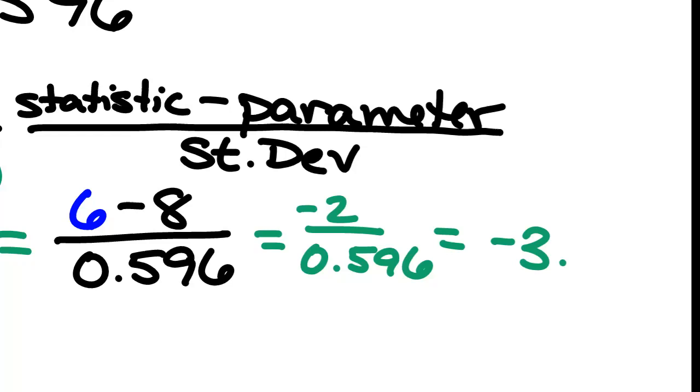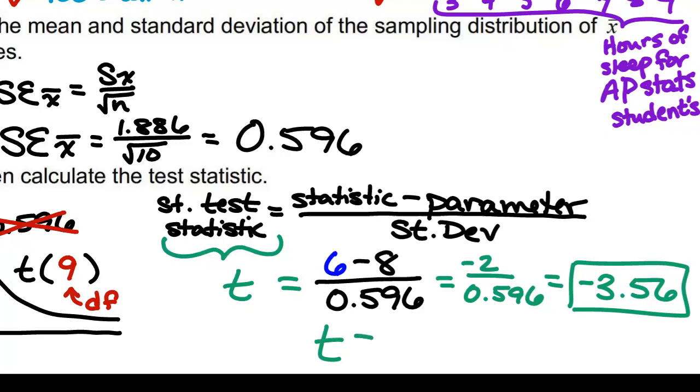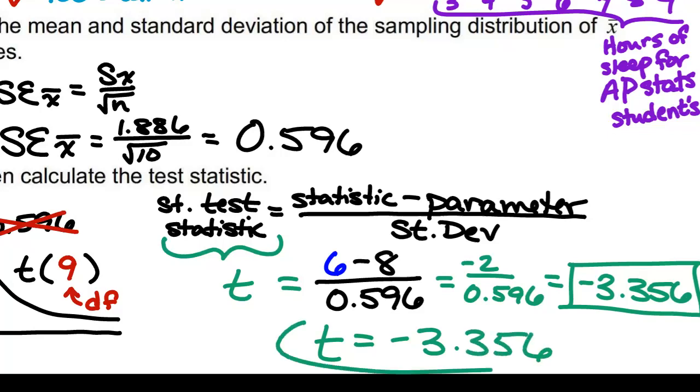3.36? 3.56. Is that what everybody else got? Please double check it for me because I'm not doing it on my calculator. Okay, so here's our test statistic. So t equals -3.56. 3.356? Yeah. Okay, I'm mishearing things all over the place, guys. -3.356. All right.